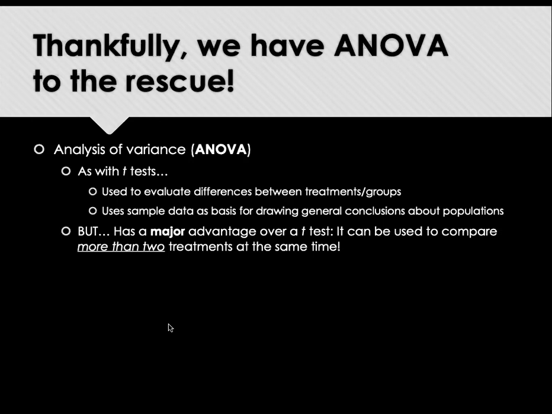And we are going to use sample data as a basis for drawing general conclusions about the population. So those ideas are exactly the same as we've been talking about with t-tests and with hypothesis testing. The difference with ANOVA is that you can use it to compare more than two treatments or two groups at the same time.